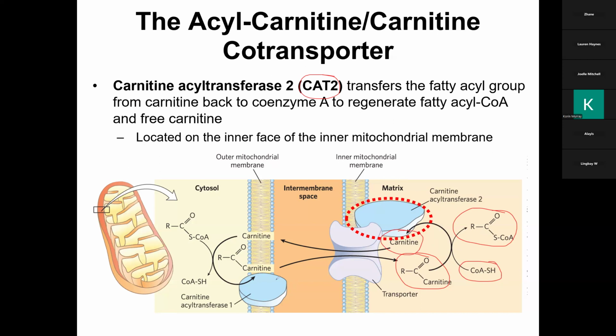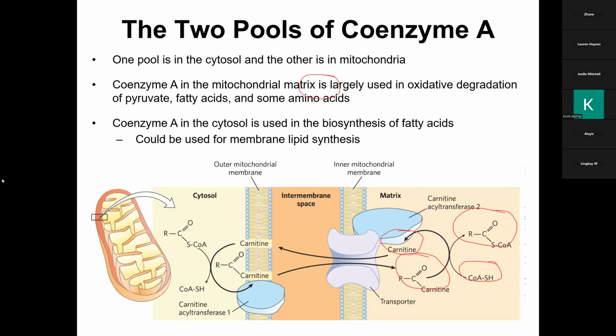But what happens is that there's this transporter here, which is an antiporter, and what that means is that something goes in one way and something else goes in the other way. What goes in one way is the fatty acid carnitine, and in return, what goes in the opposite direction is the released carnitine from the matrix going back into the cytosol.